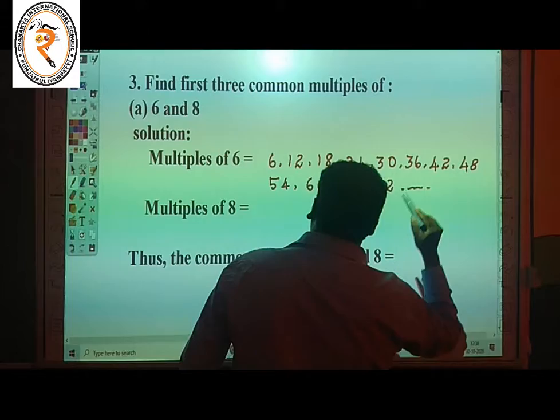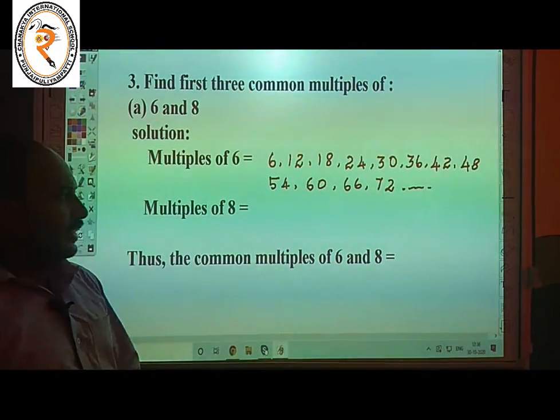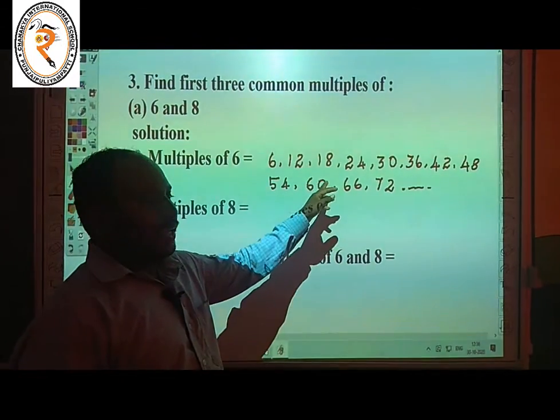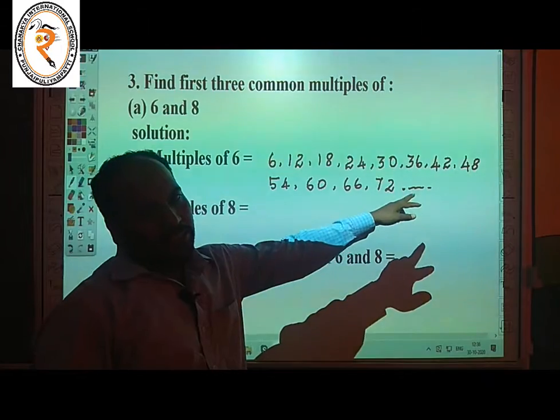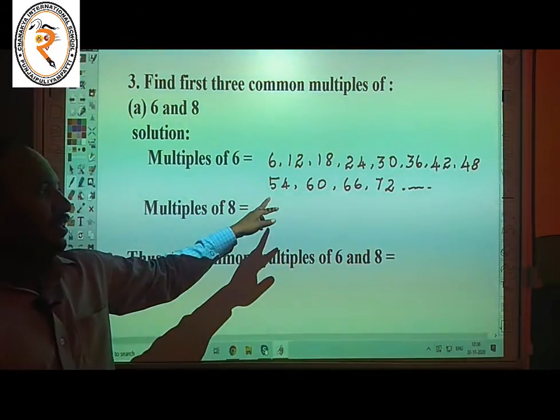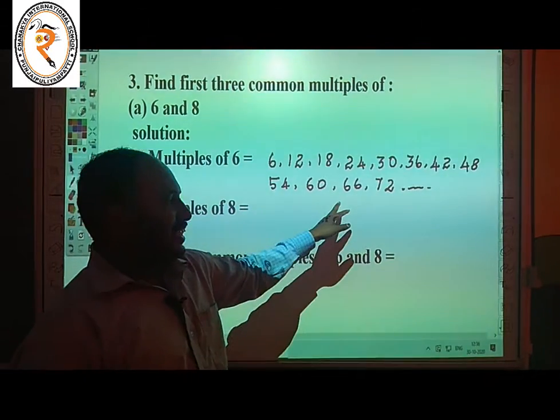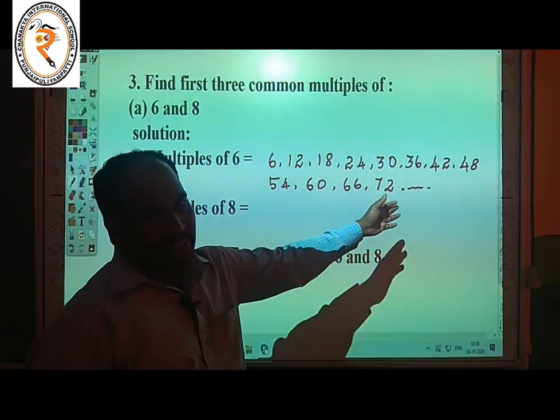Then etc. It is the multiples of 6: 6, 12, 18, 24, 30, 36, 42, 48, 54, 60, 66, 72 and then etc.